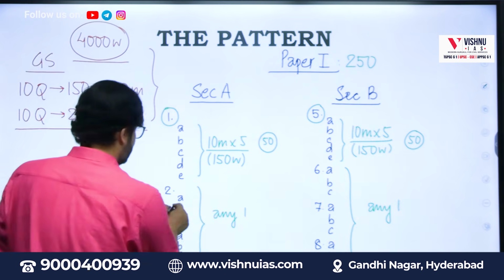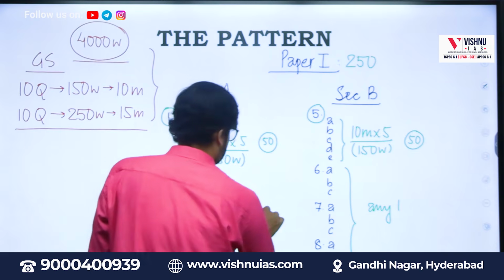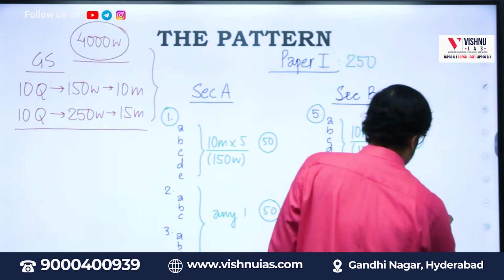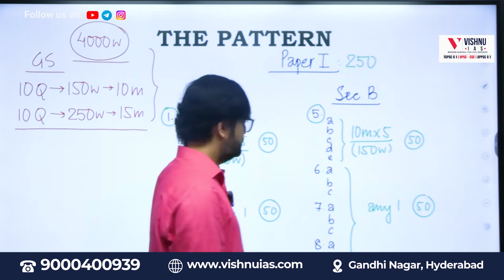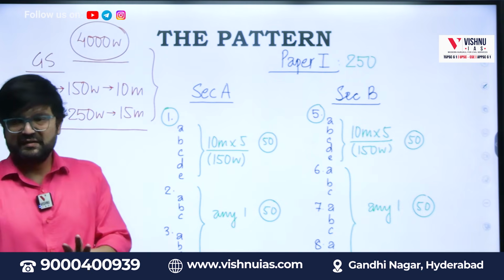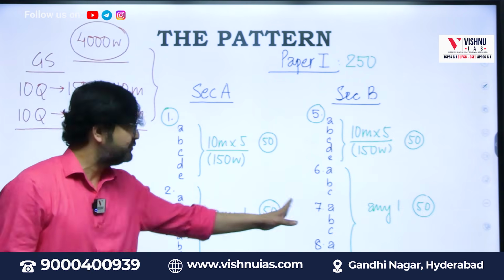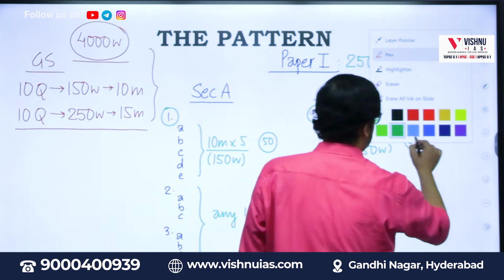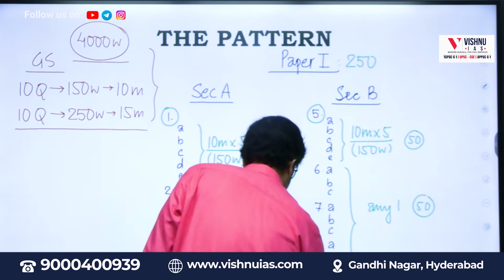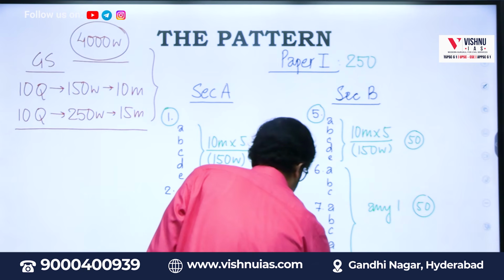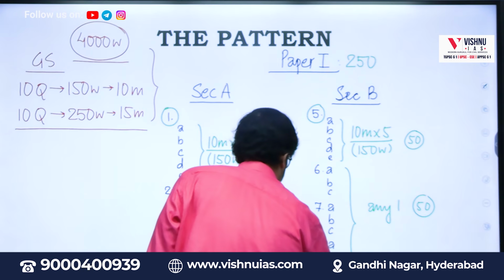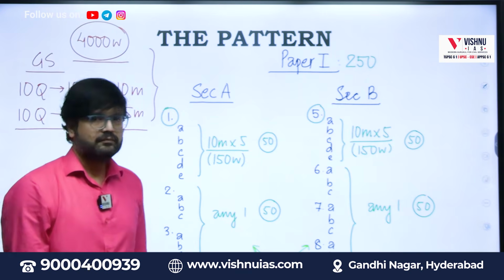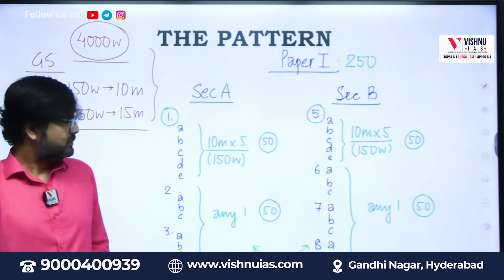Anyone would mean 50, anyone would mean 50. 200 done. Now 150 marks are left, which you can choose from any of these 2 sections. So the last 50 marks can be from this side or this side, completely optional. Only 1 question of 50 marks.